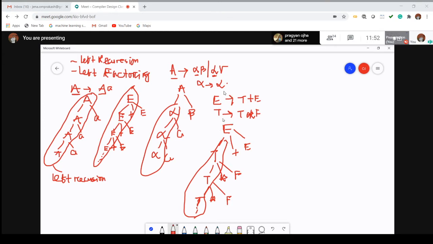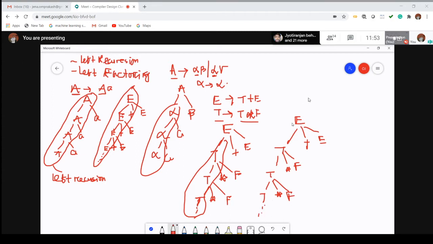Suppose it is E. So the E value is nothing but T plus E. Now according to the production, T equals T star F. So you can write this value equal to T, this value equal to star, and this value equal to F. Again, in place of T, you can represent T star F. Now you can check whether this T value is repeated up to n number of occurrences.